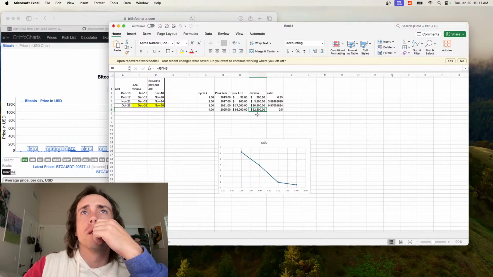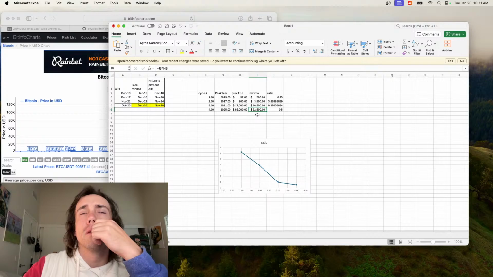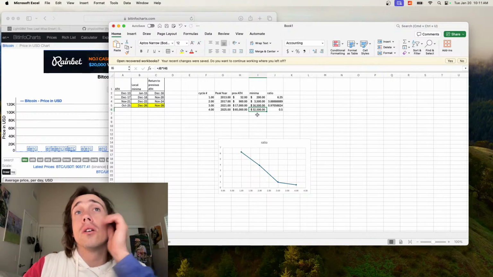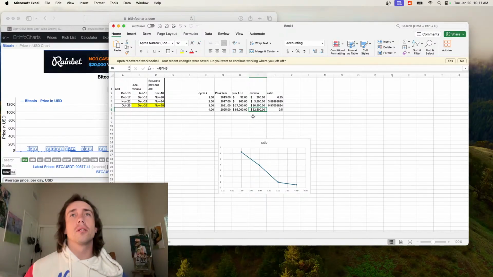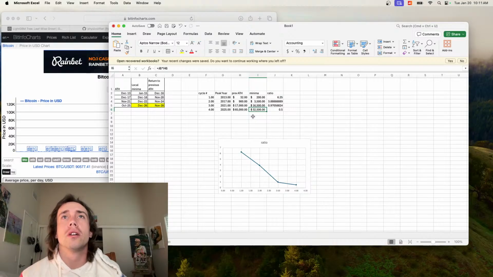That's not right. Oh, I guess I was thinking the opposite effect. So the ratio is getting lower with respect to the all-time high.